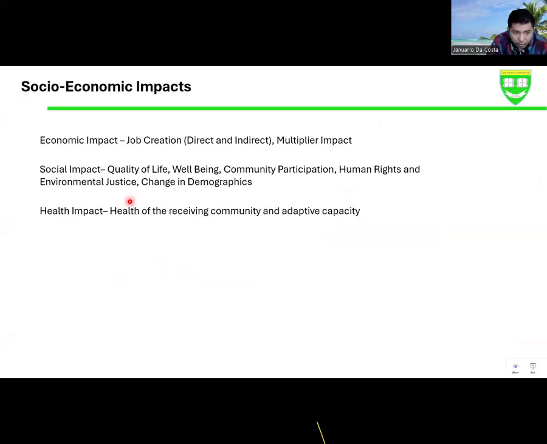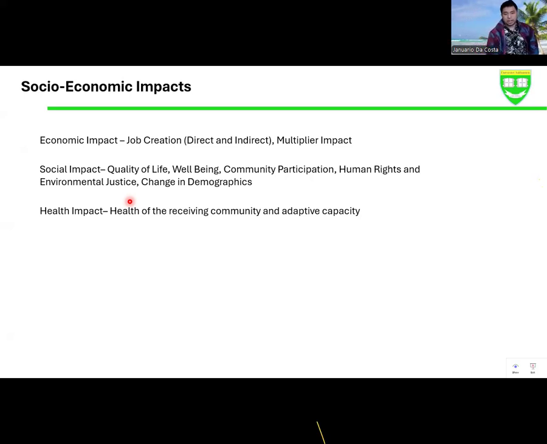And then if you talk about the socioeconomic impact, you're talking about the job creation or the multiplier impact of the project that you're working on. For example, in the job creation, there can be direct or indirect job creation from the project, or economic impact. Obviously, you need to talk about the social impact too. For example, how does the project impact the quality of life, the well-being?